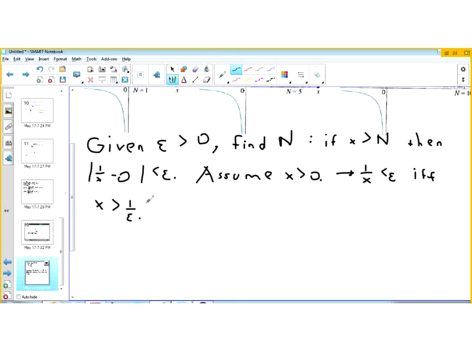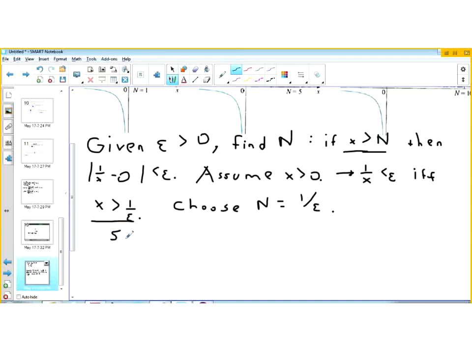All right, so there you have it. This piece right here matches this piece right here. All right, so there's your choice for n. Choose n equal to 1 over epsilon.